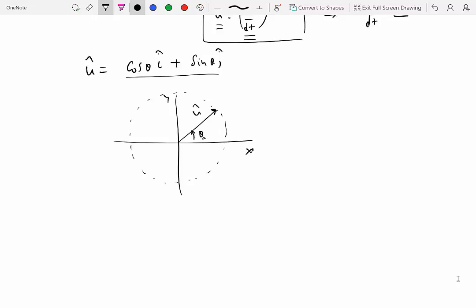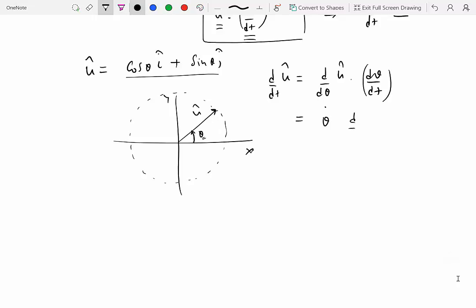Okay, so d over dt of u hat can be written as d over d theta of u hat times d theta over dt. I need to bring theta in here because I have u hat given as a function of theta. d theta over dt is theta dot, so I'm going to bring it to the front.